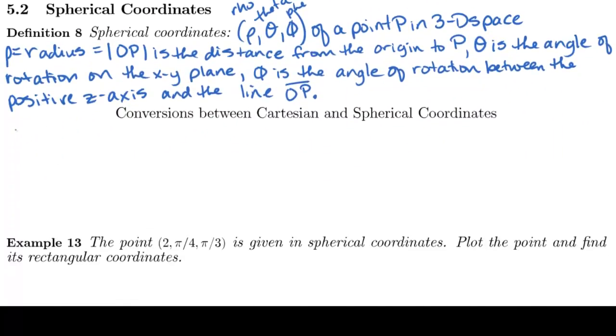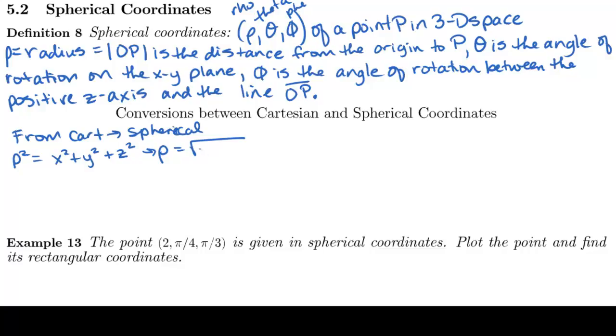So from Cartesian or rectangular to spherical, rho squared is just going to be x squared plus y squared plus z squared. And you could solve that for rho and say rho is equal to the square root of x squared plus y squared plus z squared.